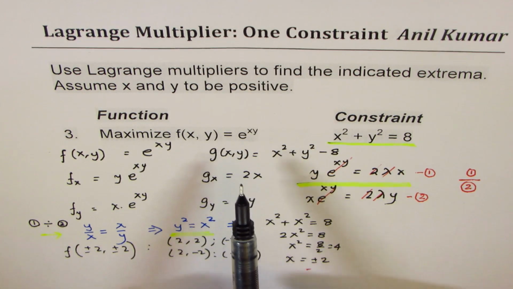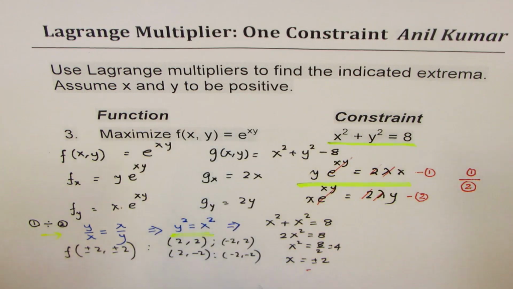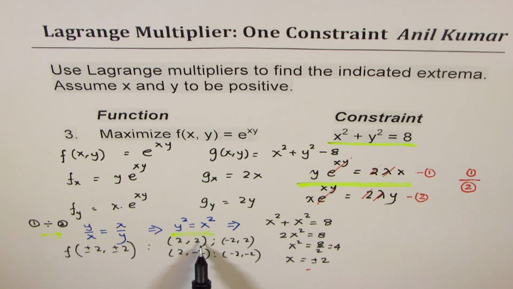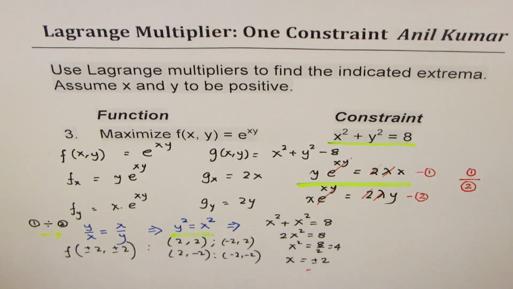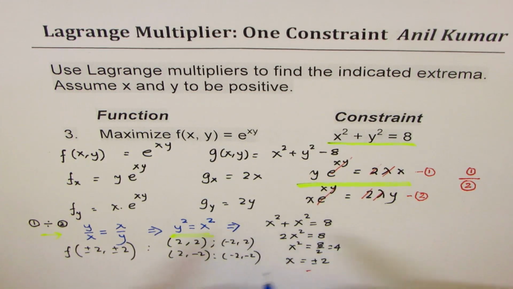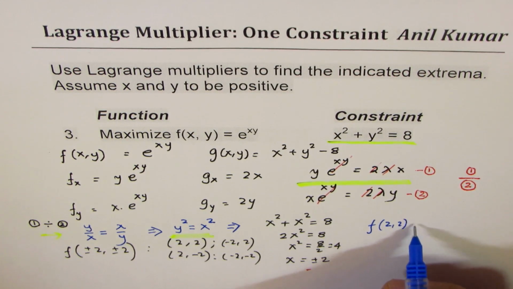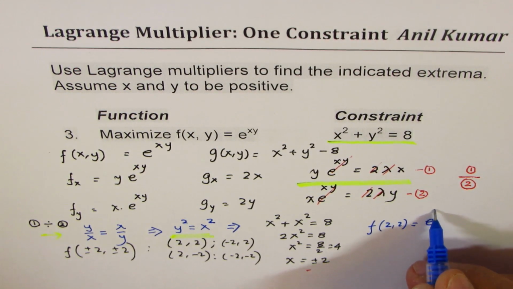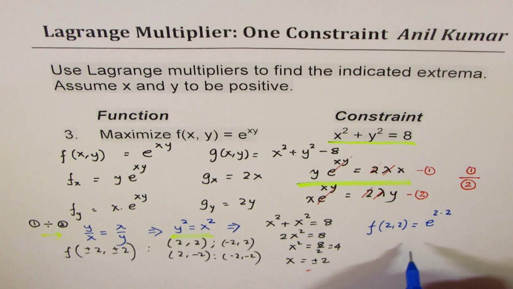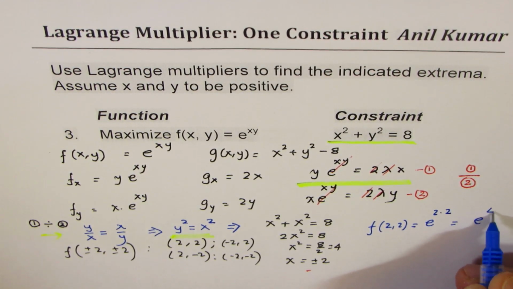Now since we are assuming that both x and y are positive, we are using the value 2, 2. You get an idea, right? So both x and y are positive. Let's use the value 2, 2 and figure this out. That means f of 2, 2 is equal to e to the power of 2 times 2, correct? Which is e to the power of 4.